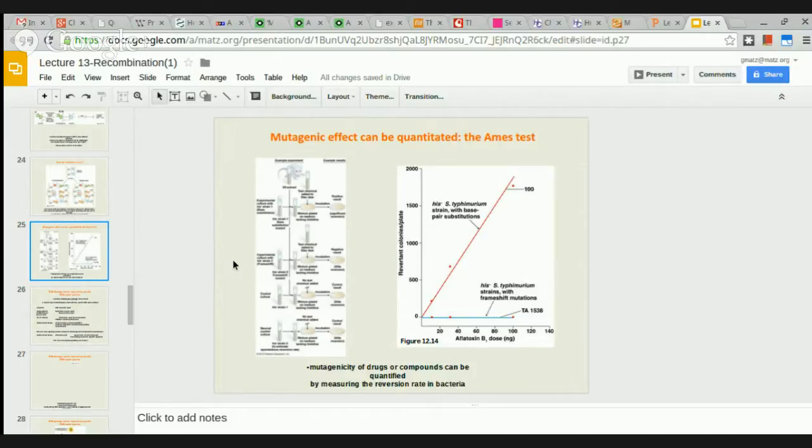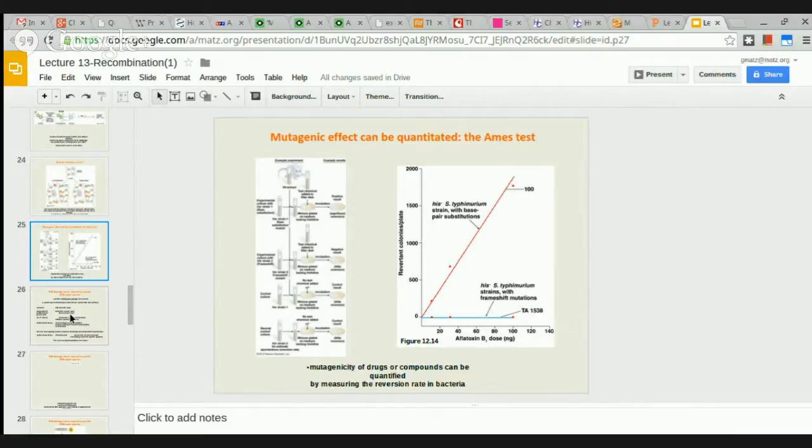It may be something has an impact on frameshift mutations. It uses mutation in a different way, and you wouldn't see it if you wouldn't use different strains with different mutation types. This is something that's done in the presence of a mouse liver extract to make sure that the liver doesn't transform this compound in some way and generate in vivo a toxic product. So this is called the Ames test.